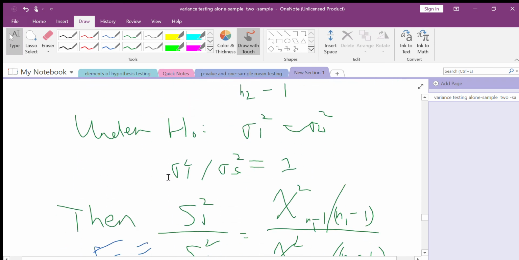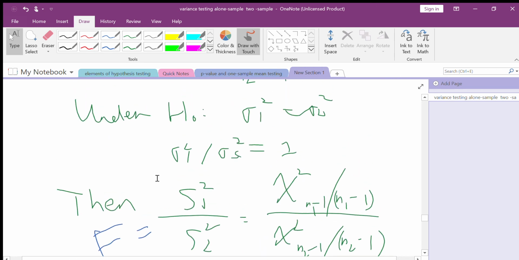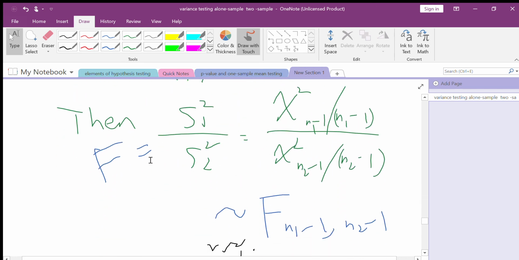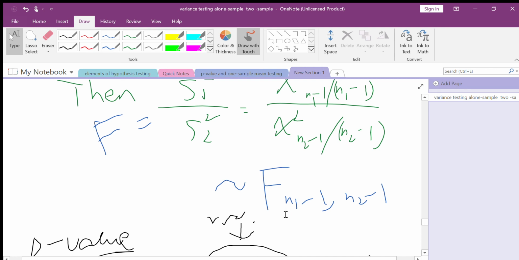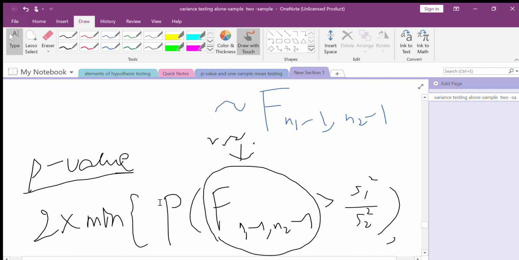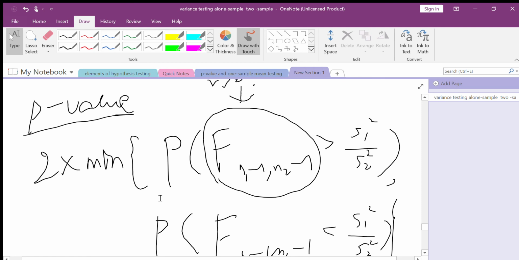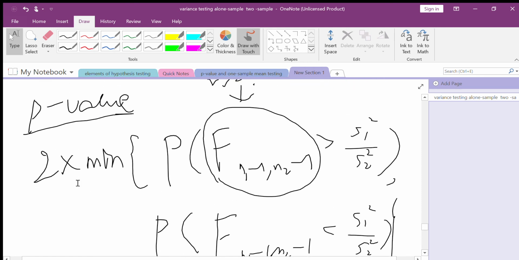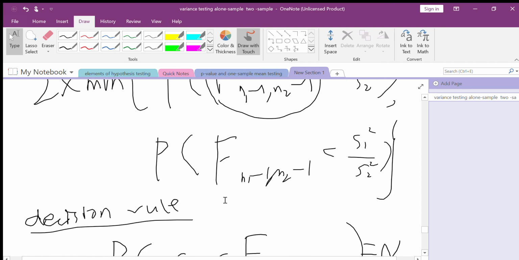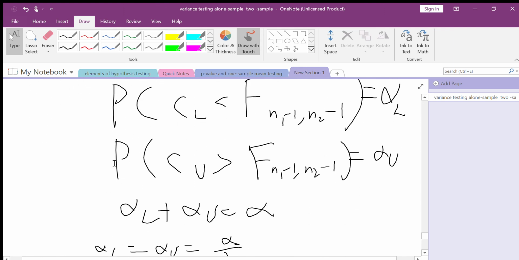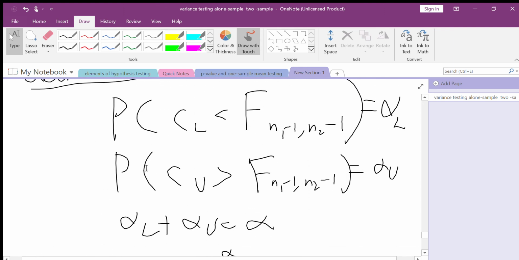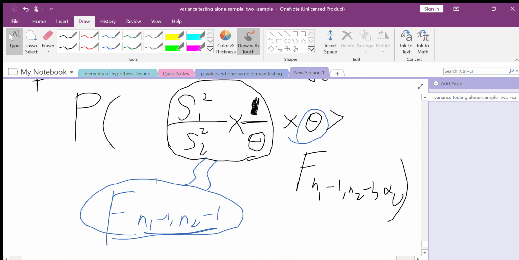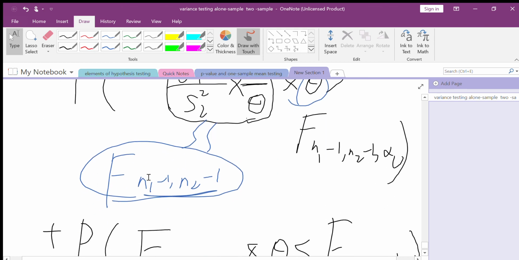Under H null, this test statistic is called the F test statistic, and it follows the F distribution with degrees of freedom n1 minus 1 and n2 minus 1. For this testing problem, the p-value is 2 times the minimum of these two probabilities. A decision rule can be constructed from the following formulas, and for power, it is the summation of two probabilities.